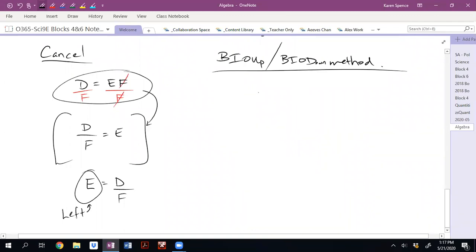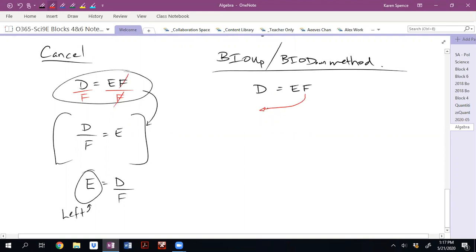Okay, so we had D is equal to E times F, and we want to declutter our E because it's already on top. So the F is on the top, so I'm going to bring it on down. If it's on the top, I bring it on down. If it were on the bottom, I would bring it on up to the other side.